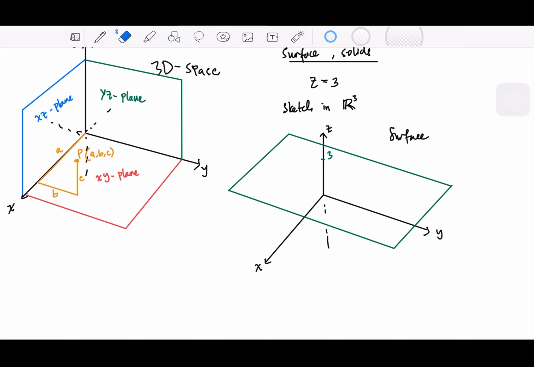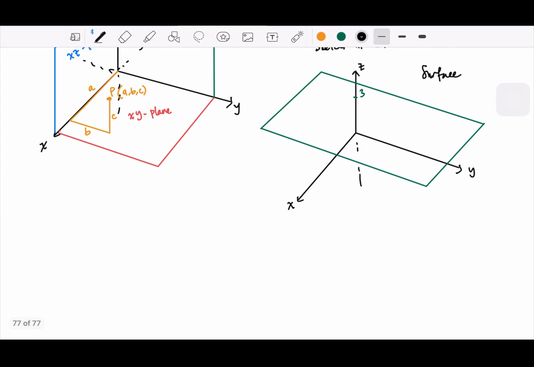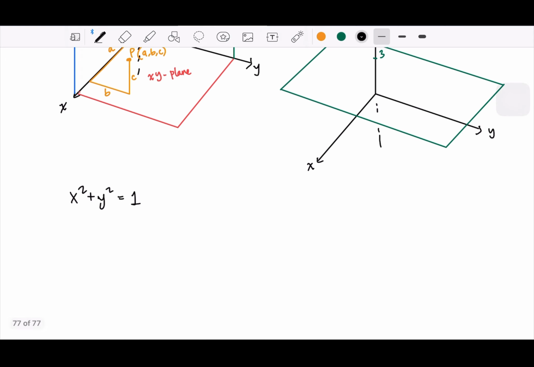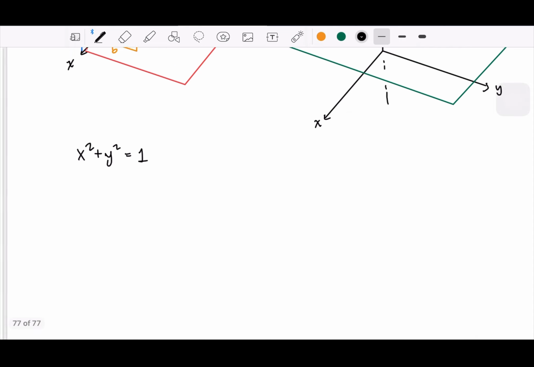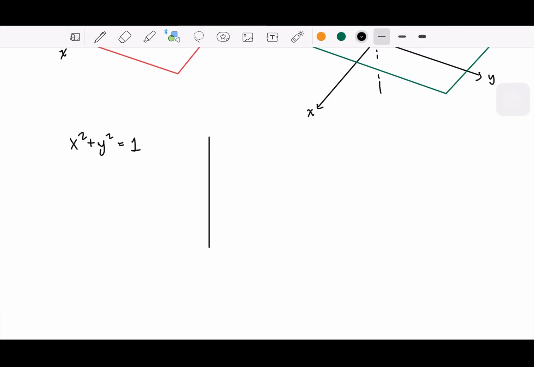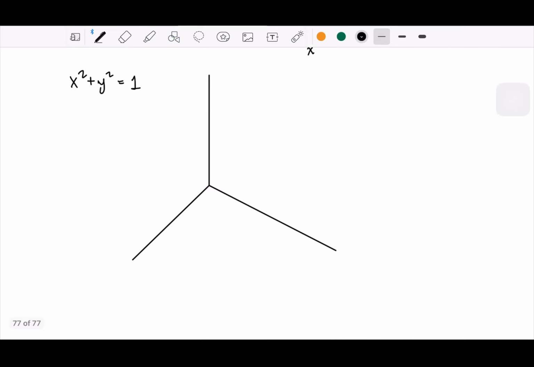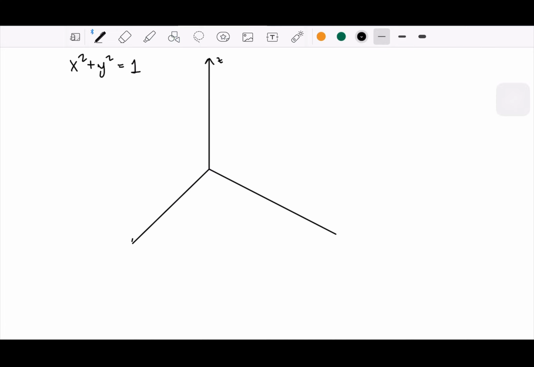Okay? And precisely, if you have x squared plus y squared equal 1, we know that this is a circle in 2 dimensions, right? This is a circle. But if you draw in 3 dimensions, let's draw.